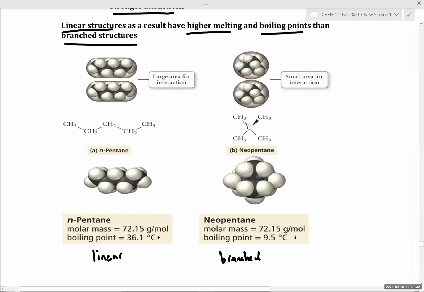What was that? Pentane, the linear? Yep, the linear form has the stronger intermolecular forces, and as a result, has the higher boiling point. Does that make sense to everyone? Perfect. Any questions on this example?